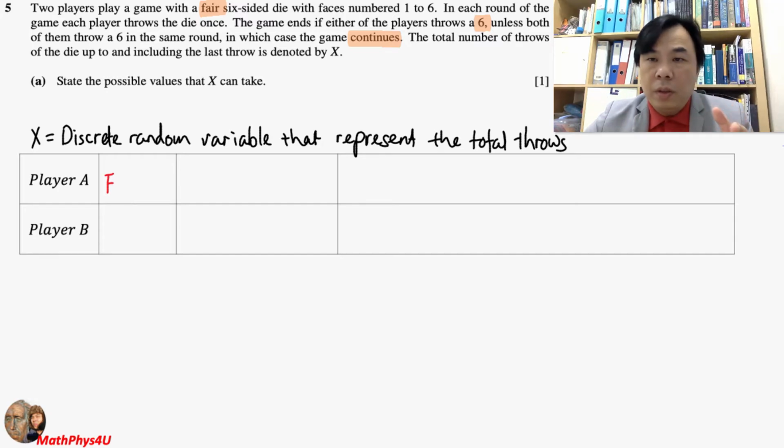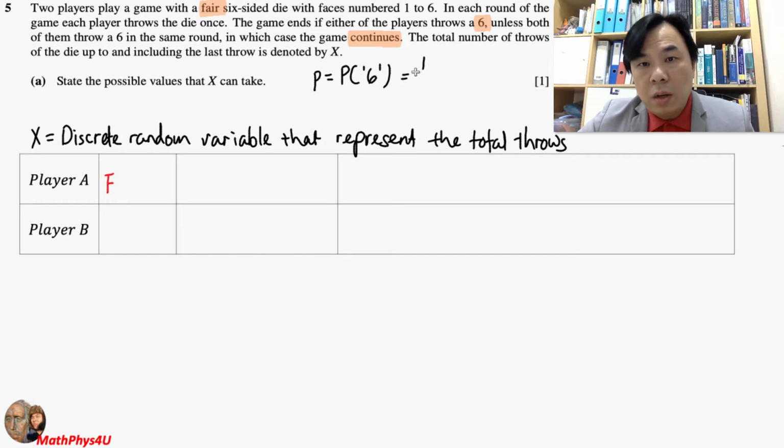Before we continue further by completing this table, I'd like to write down a bit of information regarding the probabilities. I'll label P as the probability of successfully getting a 6, so it's the chance of getting a 6, which is 1 out of 6.